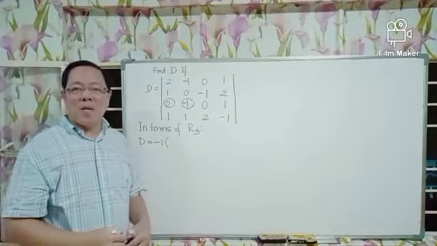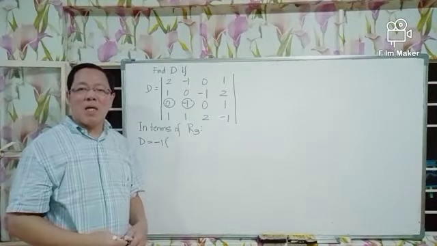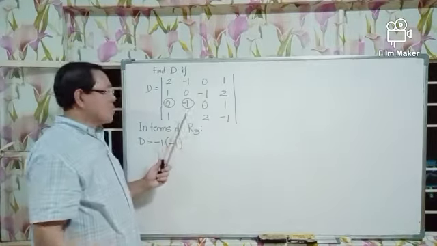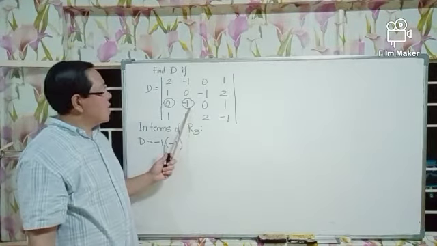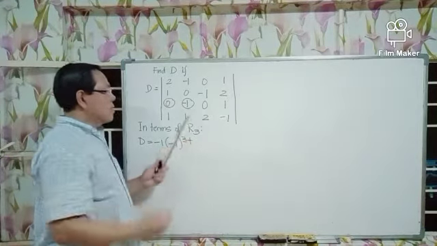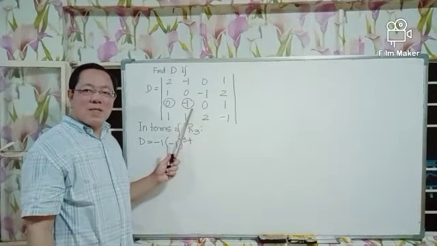Negative 1, we multiply by its cofactor given by quantity negative 1 raised to the row number of negative 1, which is 3, plus the column number of negative 1, which is 2.